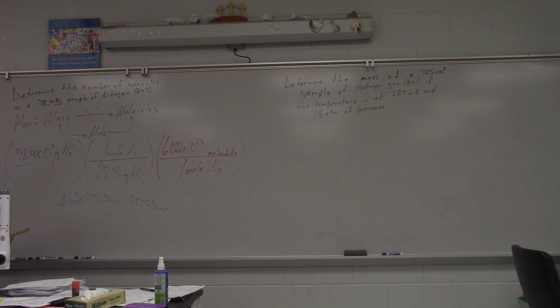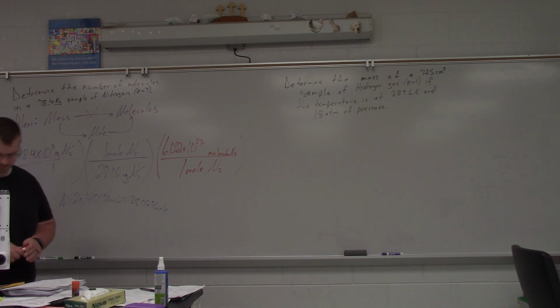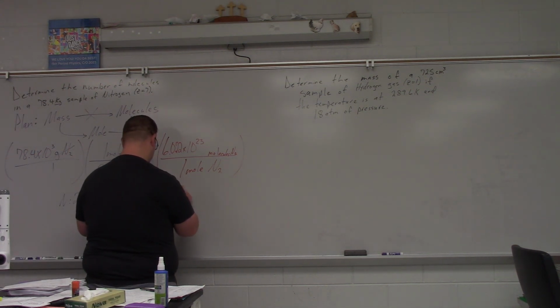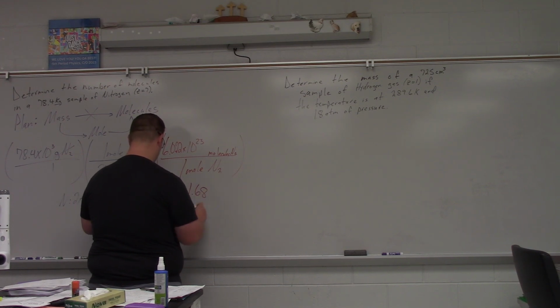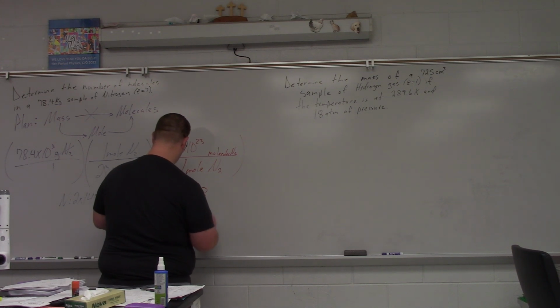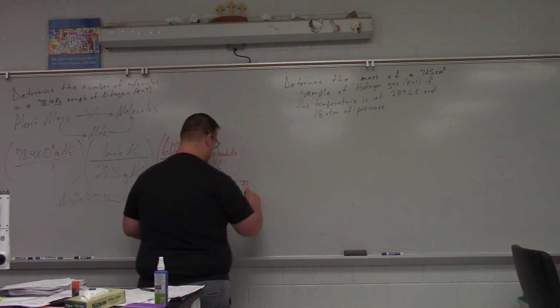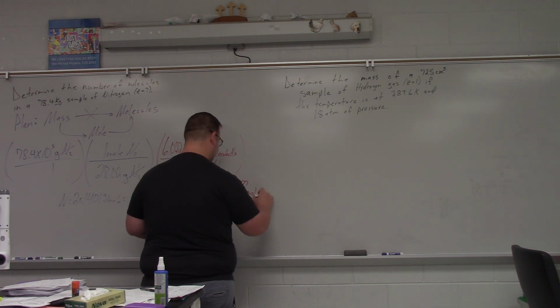So I'll divide by the 28.02, and then I'll multiply by the 6.022. When we do this, we get 1.680 times 10 to the 27th molecules of N2.